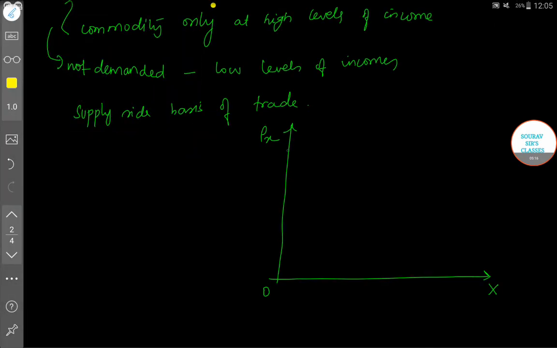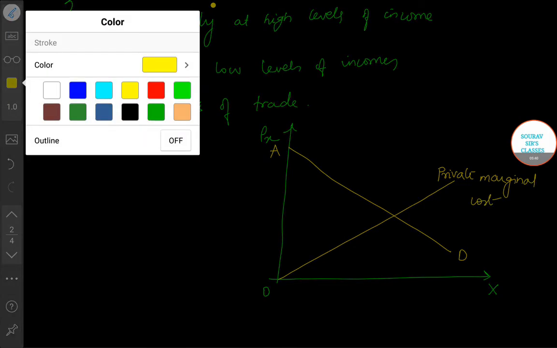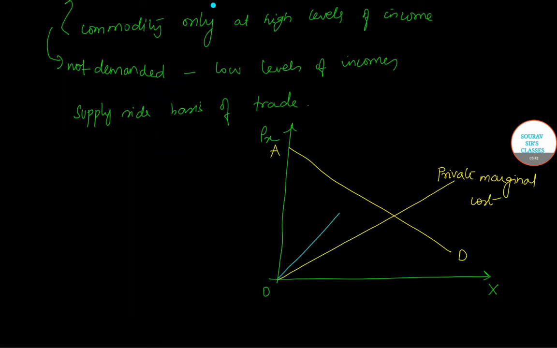So this point is A, so it has the intercept D, and then you have this private marginal cost, and draw one more line, and this, so there is a divergence, is social marginal cost.